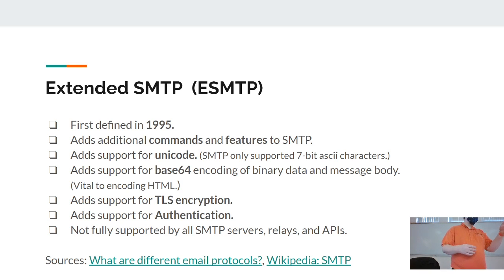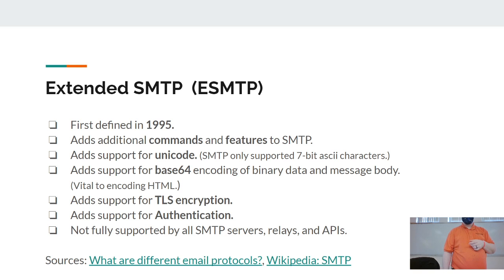There's also support in there for authentication. If you're working with extended SMTP, which still has mixed support, some servers support parts of this, some relays support it, some APIs support it, but not everybody supports the whole range of what's in extended SMTP.